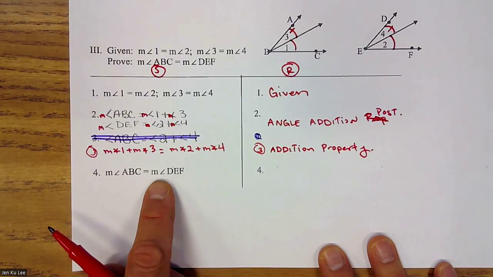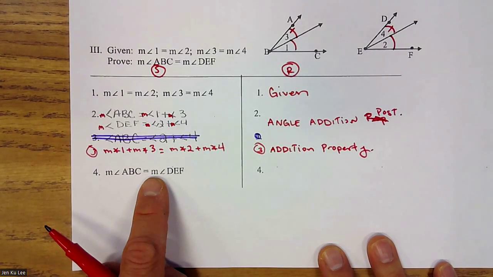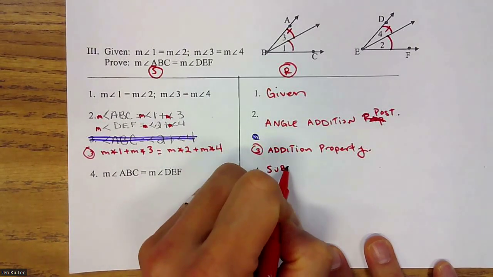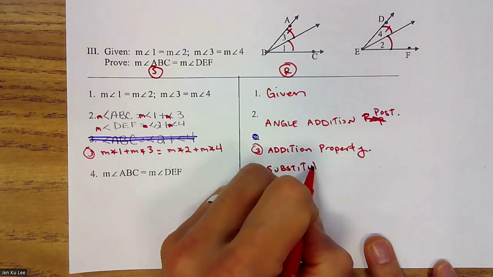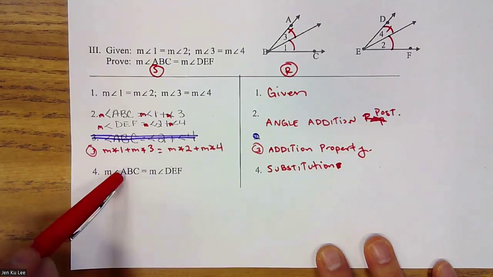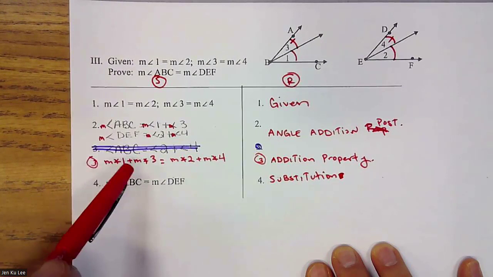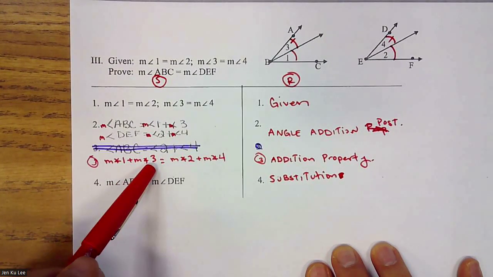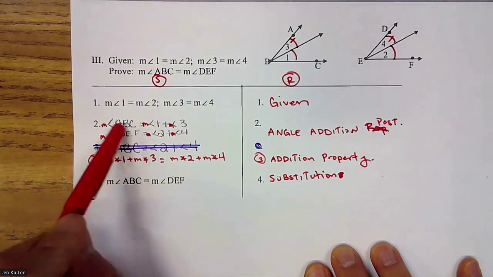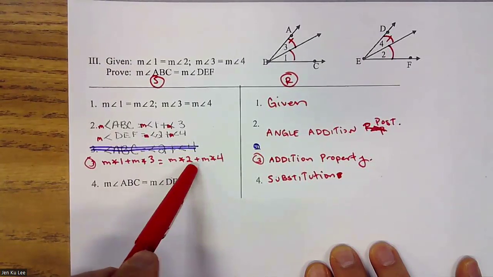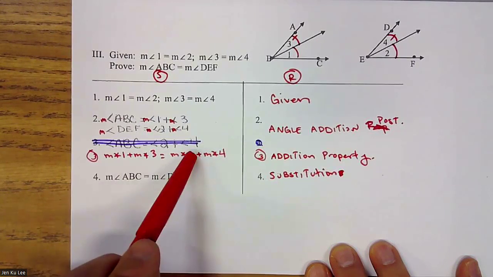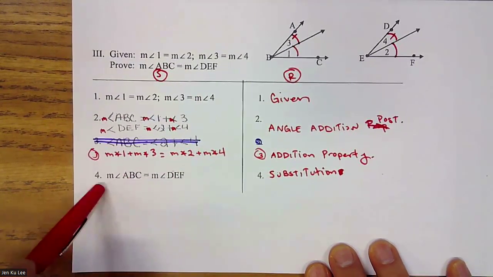We have to prove this. We're substituting because ABC, class, is measure of angle 1 plus measure of angle 3, correct? And that equals measure of angle 2 plus measure of angle 4, which is measure of angle DEF, right? So I substituted measure of angle ABC here and measure of angle DEF here to get this.